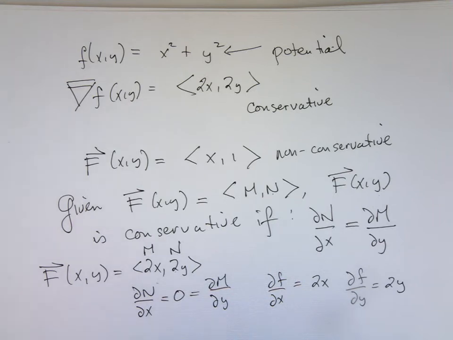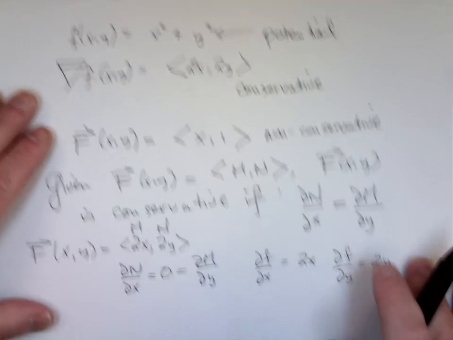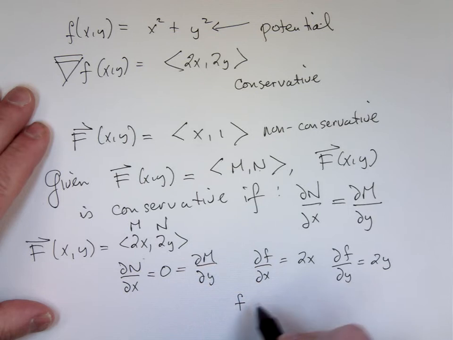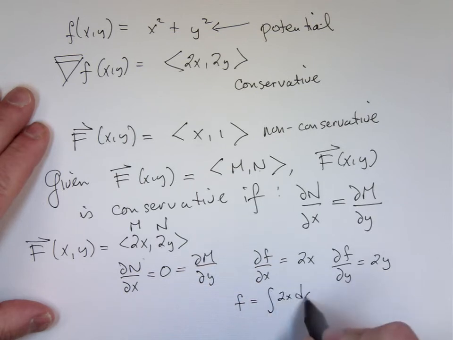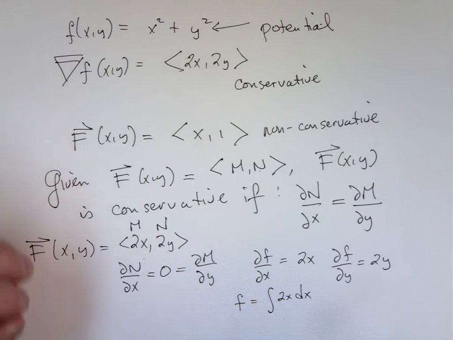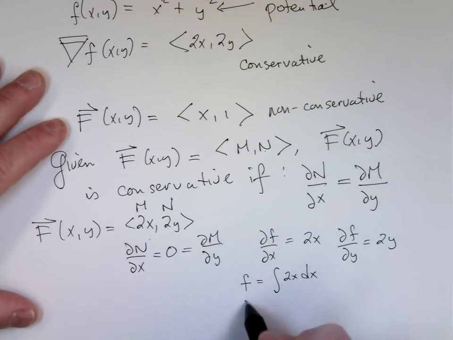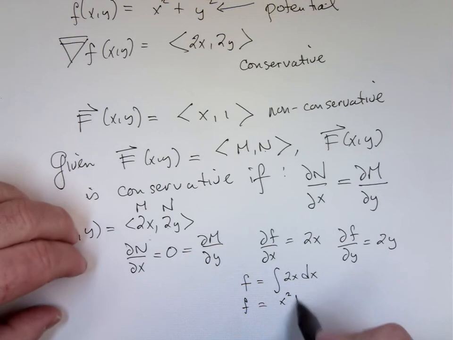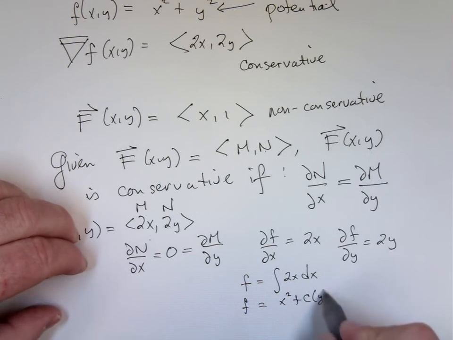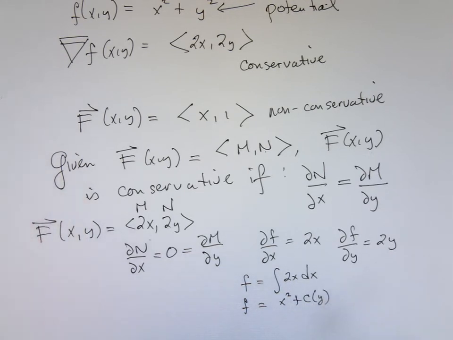So what's our function? What we're going to do is integrate the 2x with respect to x. What's the integral of 2x with respect to x? It's x squared, plus a constant in terms of y, possibly, because in this context, y is a constant.